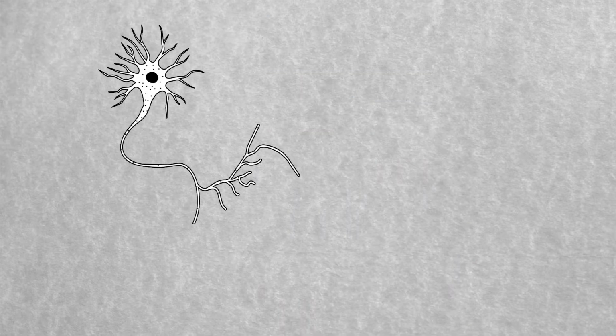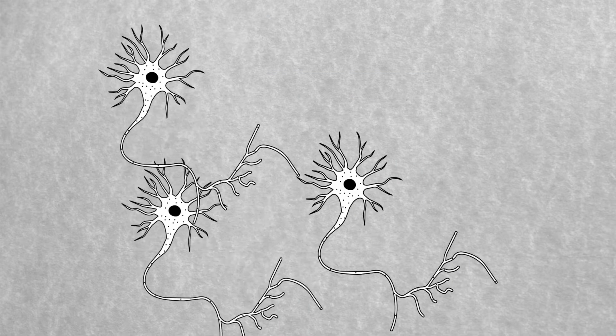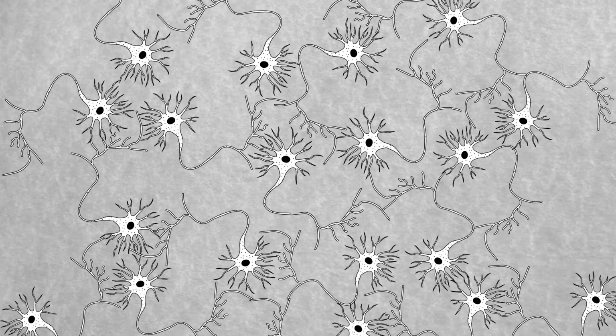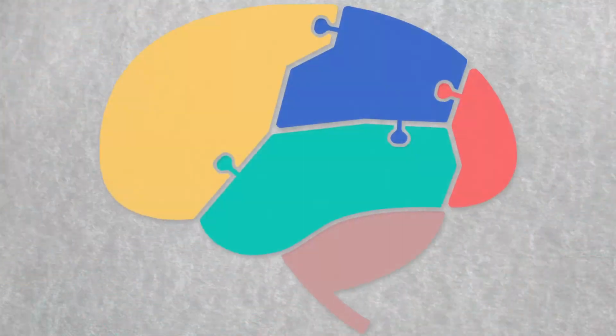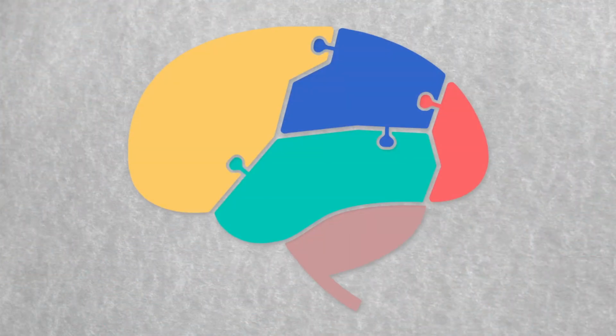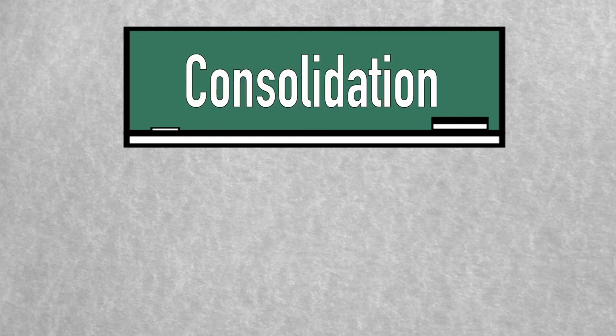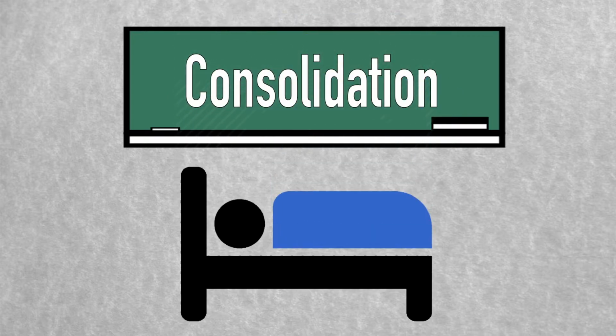The growth of dendrites that we discussed earlier in this video happens during sleep, so if you don't get enough sleep, you reduce your ability to make the mental connections you made among ideas into physical connections in your brain. The process of setting these initially temporary connections you made as you first learned something is called consolidation, and you have to spend enough time in deep sleep to fully consolidate your memories.